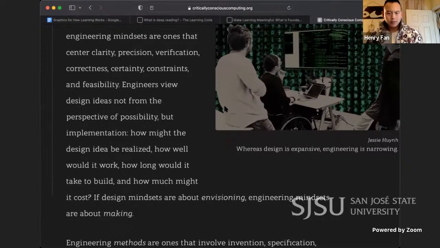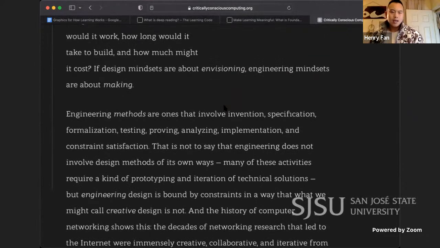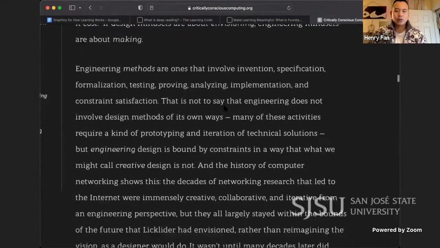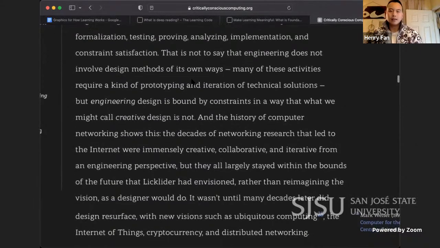If design mindsets are about envisioning, engineering mindsets are about making. Engineering methods are the ones that involve invention, specification, formalization, testing, proving, analyzing, implementation, and constraint satisfaction. That is not to say that engineering does not involve design methods of its own.